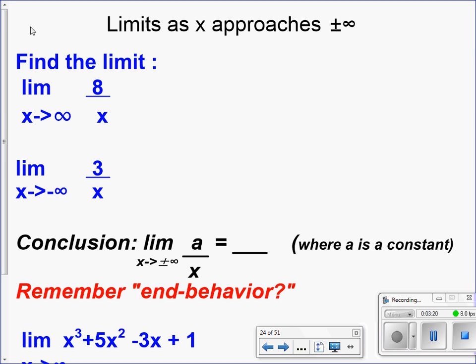So you want to look at your day 6 notes and get to this spot. Does everyone know where we are? Yeah? Alright, good. This is important in understanding how to find limits as x approaches positive or negative infinity. If you have 8 and you divide it by x, a number that's growing, growing, growing, it doesn't sit still.